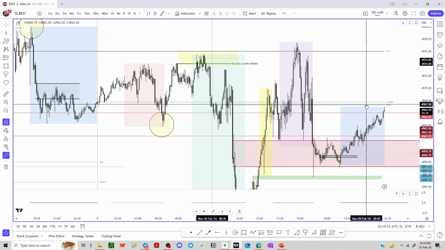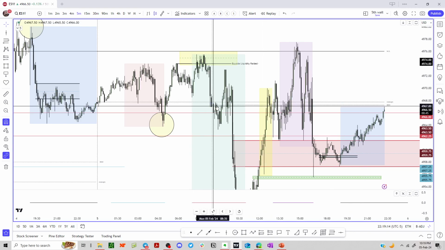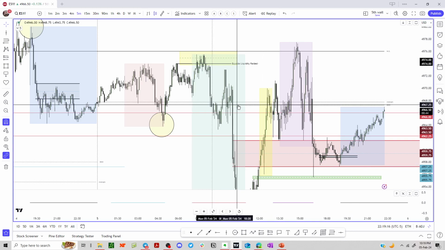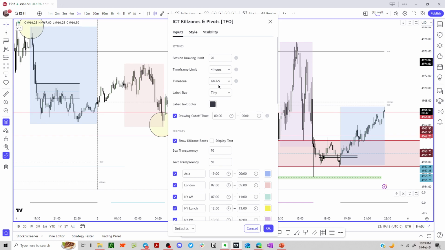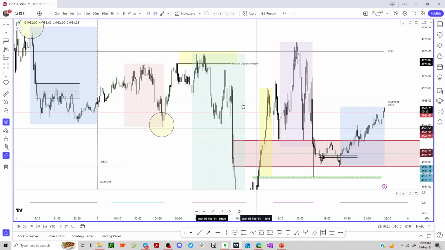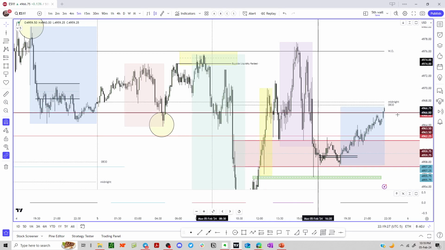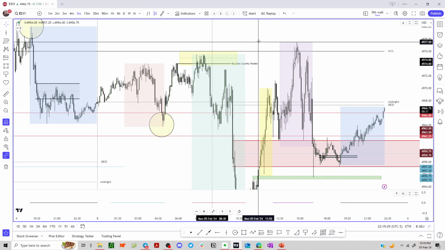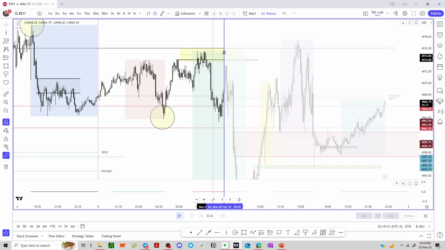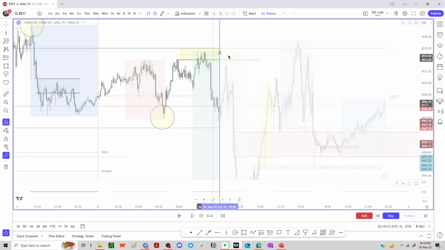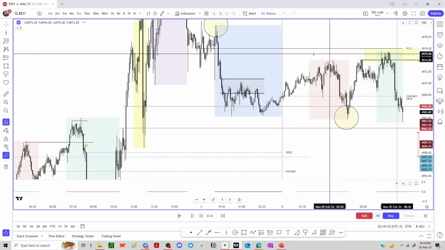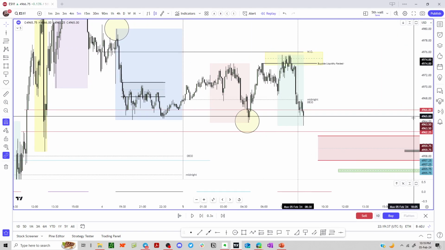Actually, we have this line here opening on the 8:30 candle as well. So let's make that bigger so you can see. Oh, bright light, right? Anyway, you can see the 8:30 opening. All right, we can see it better now.